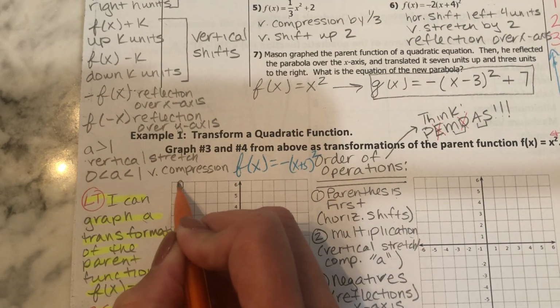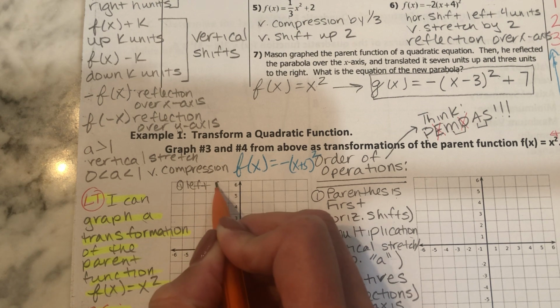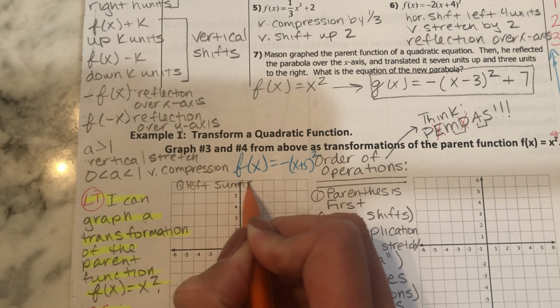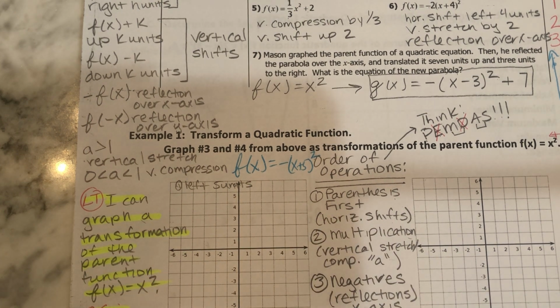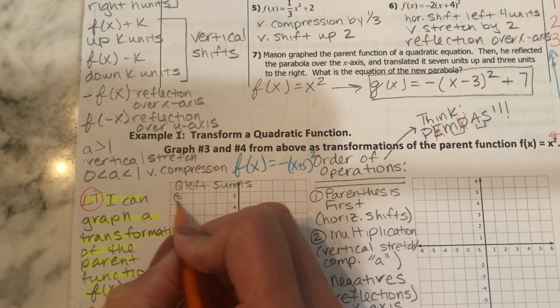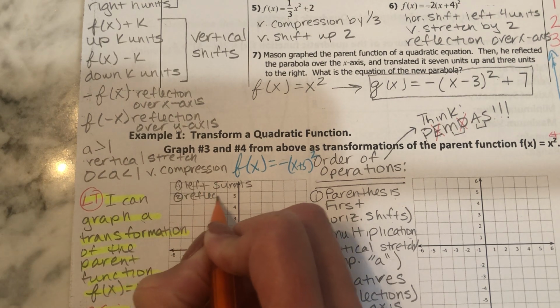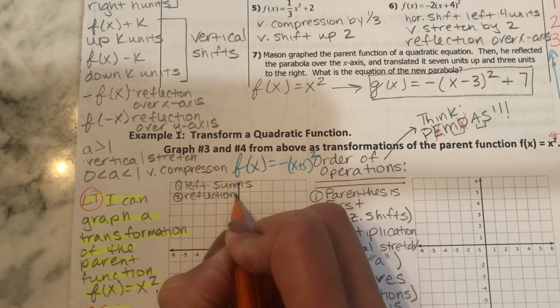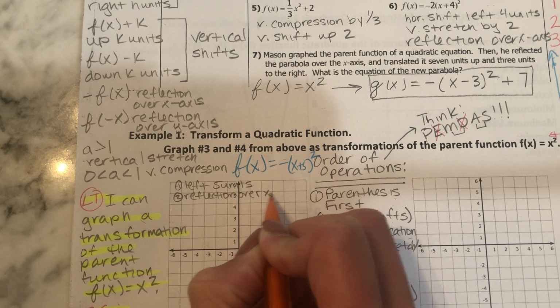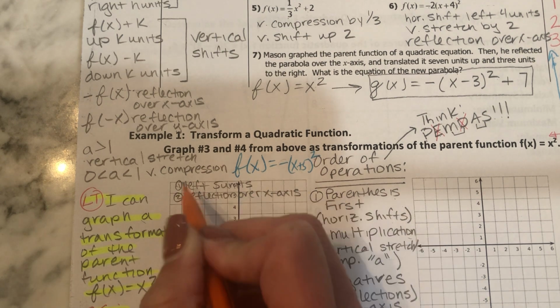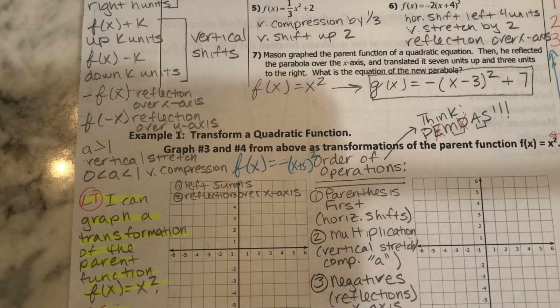And then the negative tells me it's going to be a reflection. Okay, so only 2 transformations here.